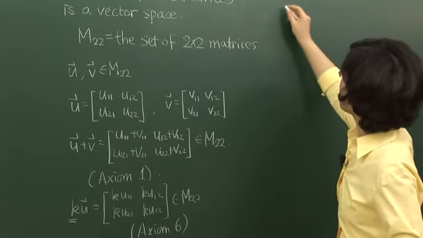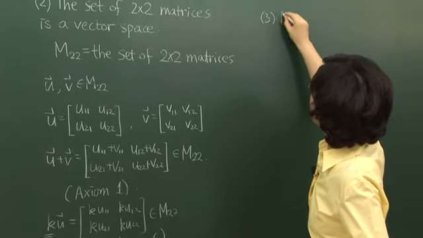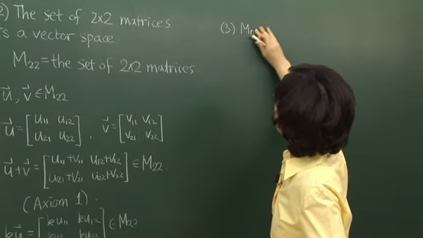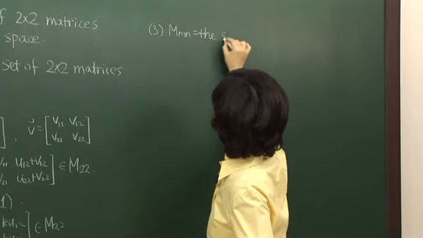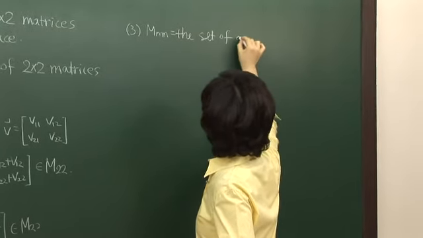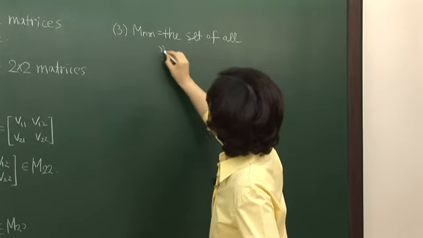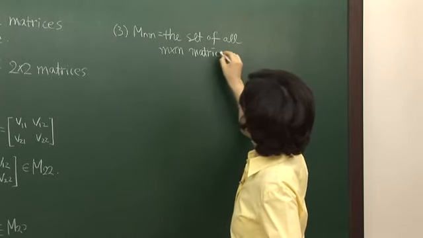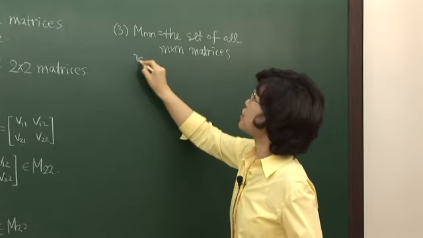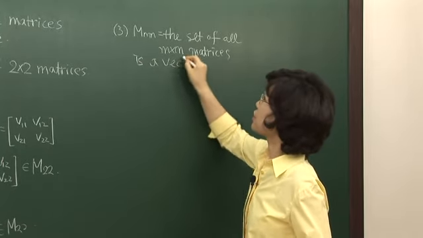More generally, we can say, let Mmn be the set of all m by n matrices. Then this is a vector space.